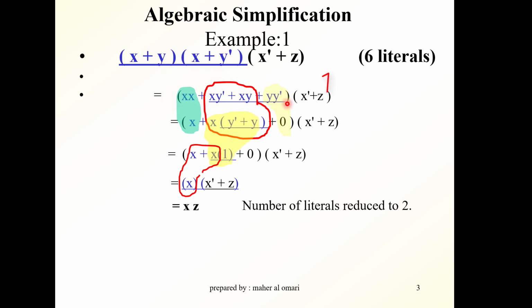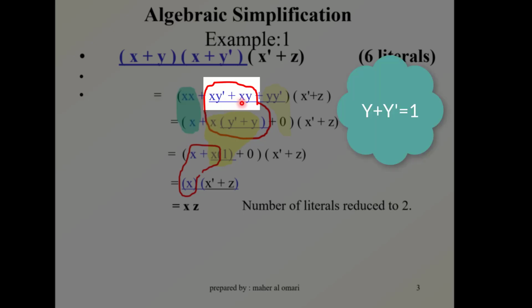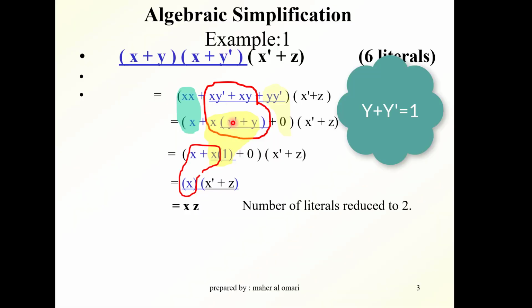And this one goes down the same without any change. Now, X ANDed with X will lead to an X. From these two terms, if we take X out, then we are left with Y bar ORed with Y, and of course this is equal to 1.